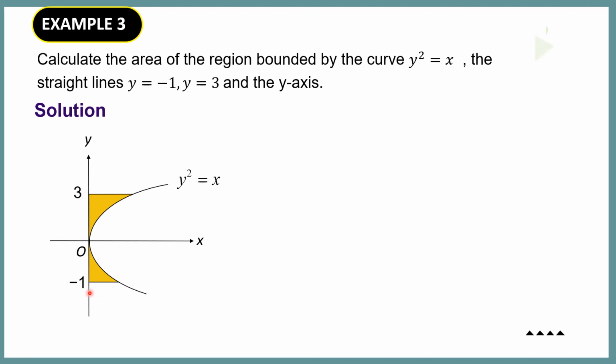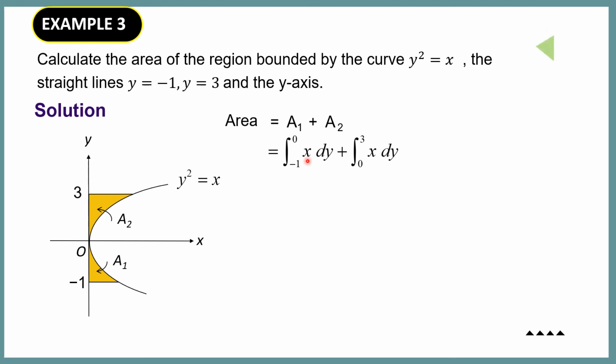Draw the lines y equals negative 1 and y equals 3 to identify the regions. Label the regions as A1 and A2. Observe that both regions lie on the right side of the y-axis. So both the integrals have positive values. Thus, the area of the region is the sum of A1 and A2.